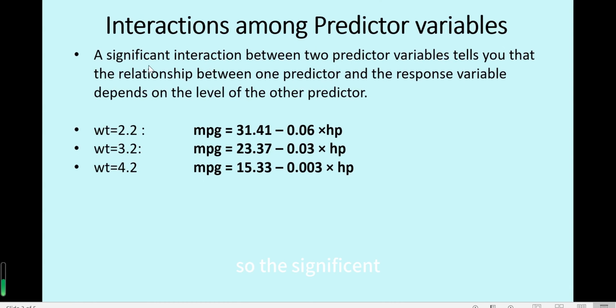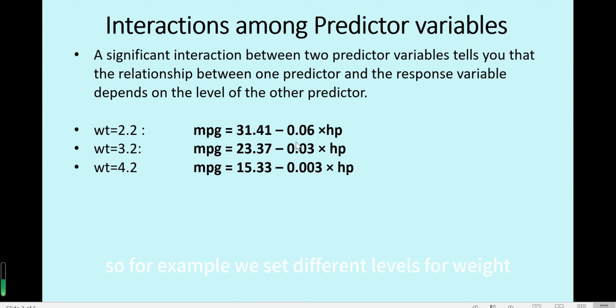The significant interaction between two predictor variables here says that if we want to know the relationship between the response variable and one independent variable, we have to set the other predictor variable at several constant levels.